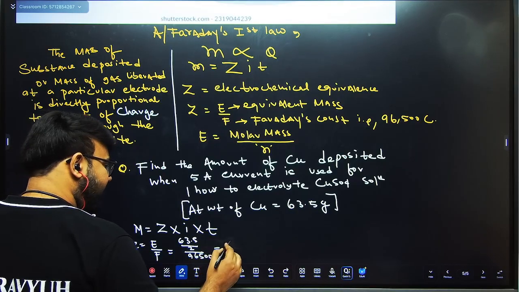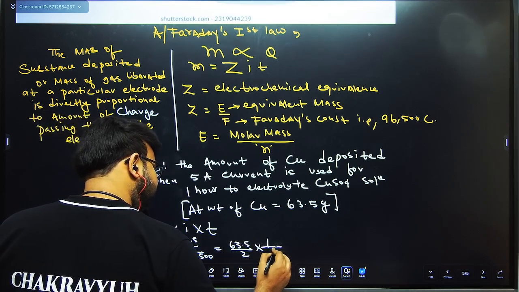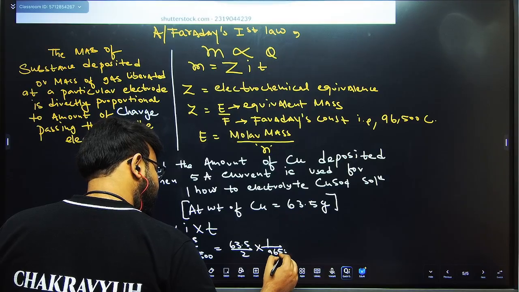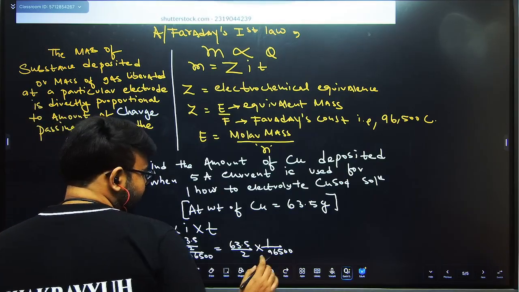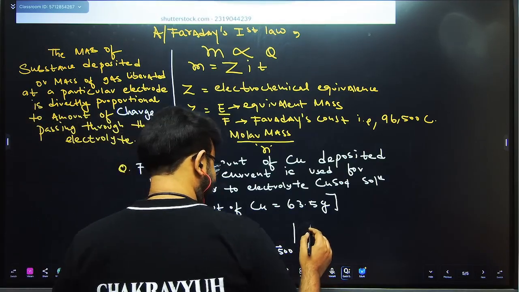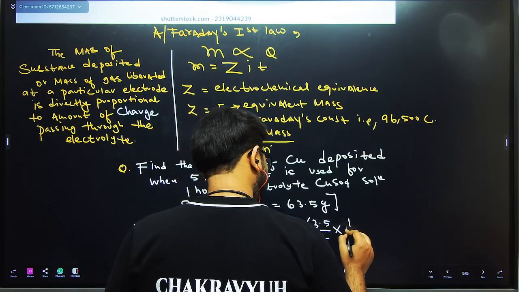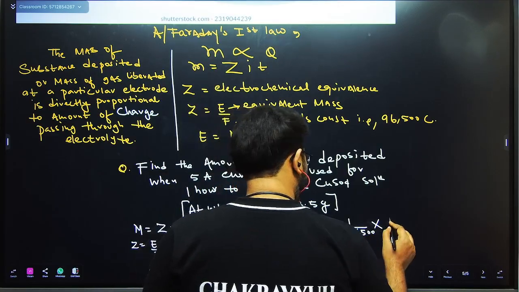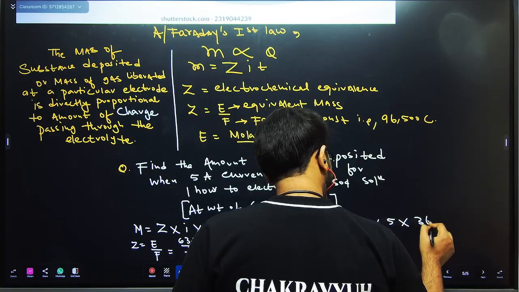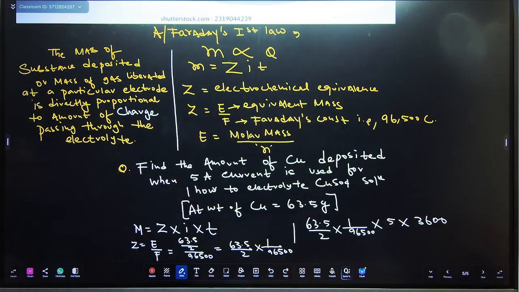So can I write it like this: 63.5 by 2 into 1 by 96,500. This whole thing is for Z. So I can write it as 63.5 by 2 into I into t.